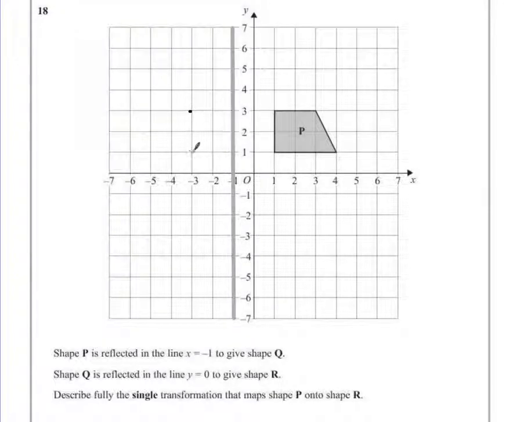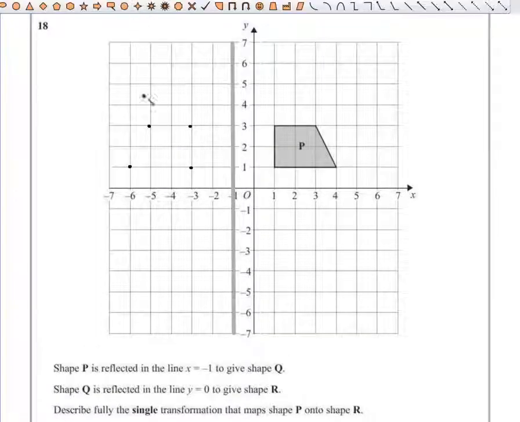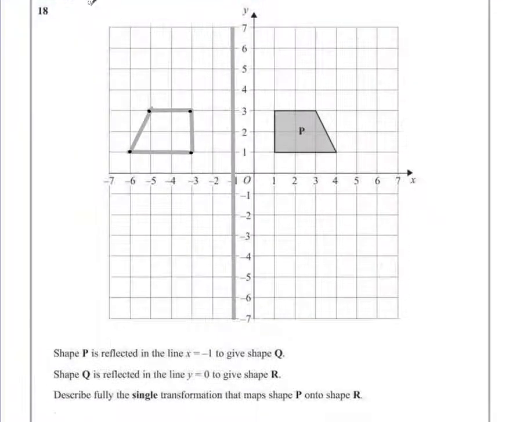Each point is flipped onto the other side, creating an identical shape facing the opposite direction, which is an equal distance from our mirror line, and that we were told is shape Q.